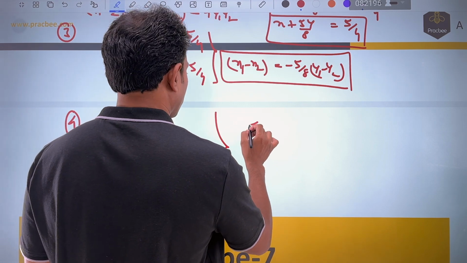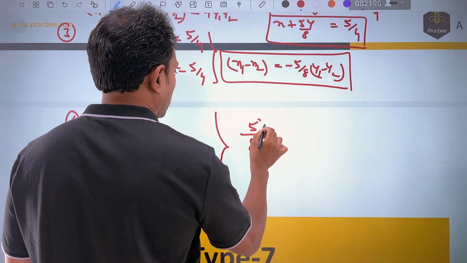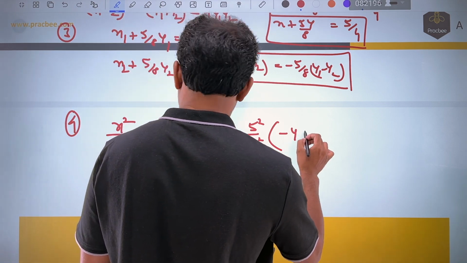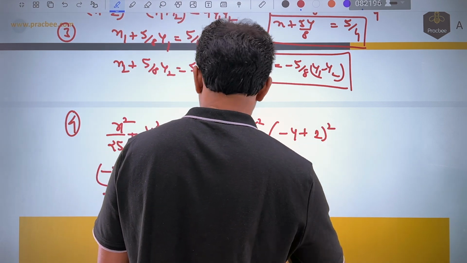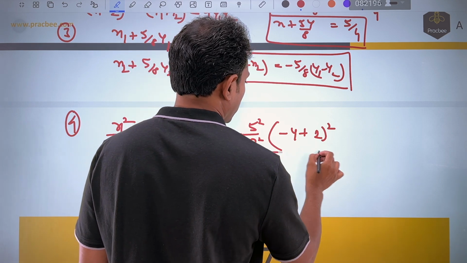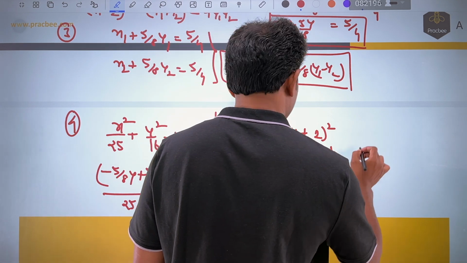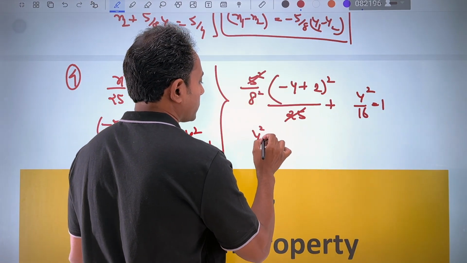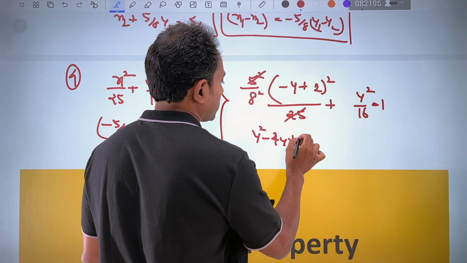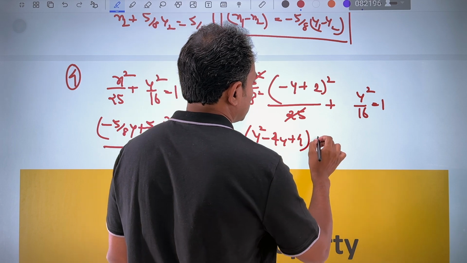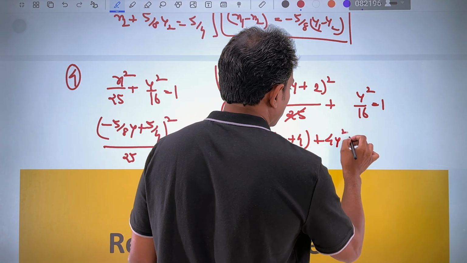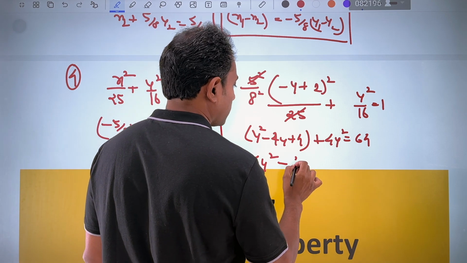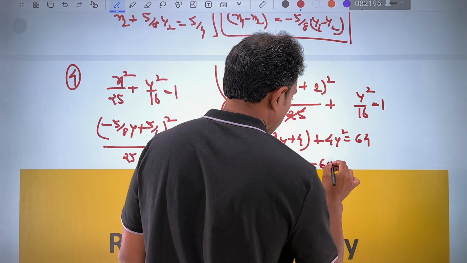If I take 5 common, it will become 5 square by 8 square. This will become minus y plus 2 whole square by 25 plus y square by 16 is equal to 1. Simplifying, this becomes y square minus 4y plus 4 plus 4y square is equal to 64, and if I simplify, it becomes 5y square minus 4y minus 60 equal to 0.